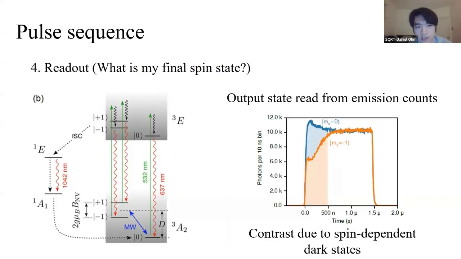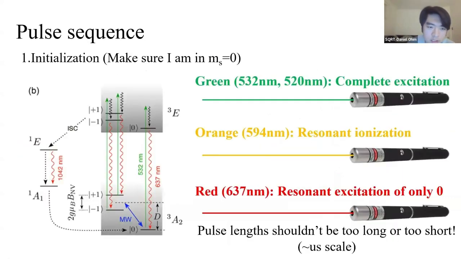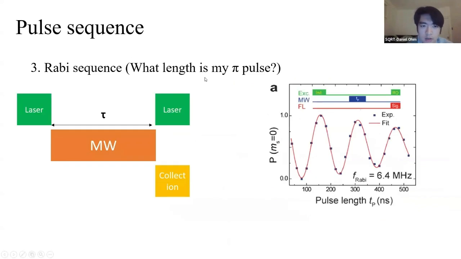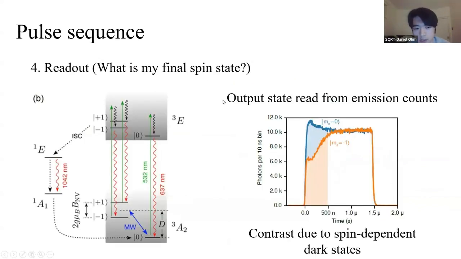So the final pulse sequence is called the readout, which is basically reading out the spin state, basically telling what the spin state is. So the readout is typically just using the same laser again, except this time our goal is not to initialize everything to ms equals 0, but it's to see what the final spin state was.